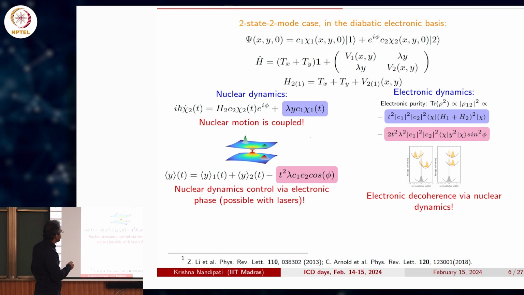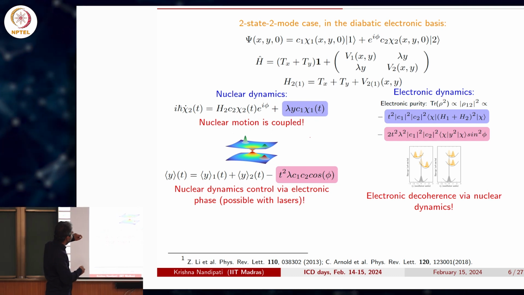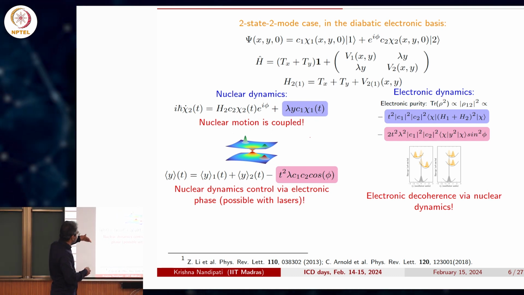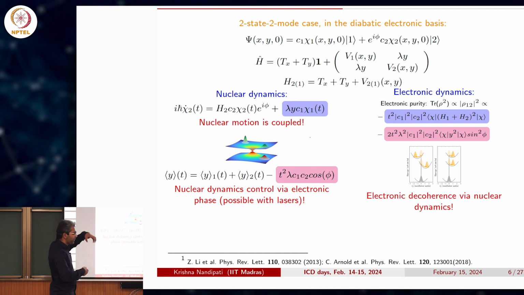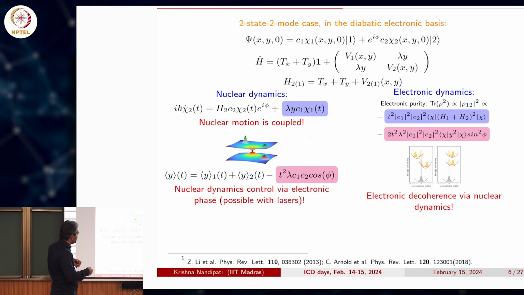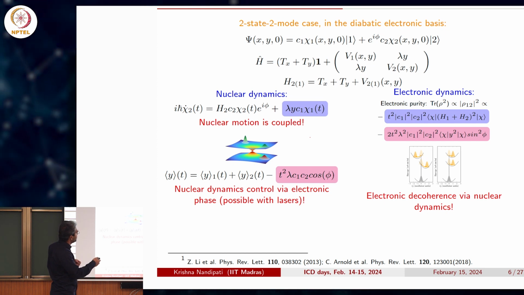And then the nuclear dynamics can be controlled with this non-adiabatic coupling, by tuning the non-adiabatic coupling here, because this sets the mean position of the nuclear wave packet, and it can be tuned with respect to the phase difference between these two electronic states here, and then the non-adiabatic coupling between them.